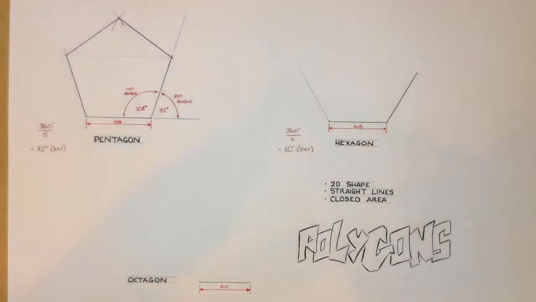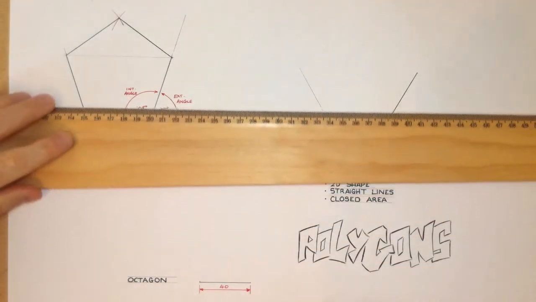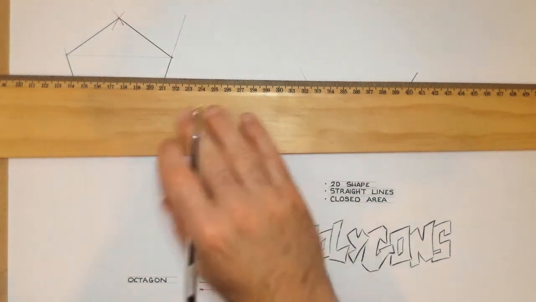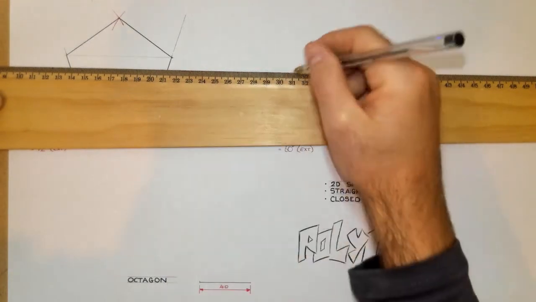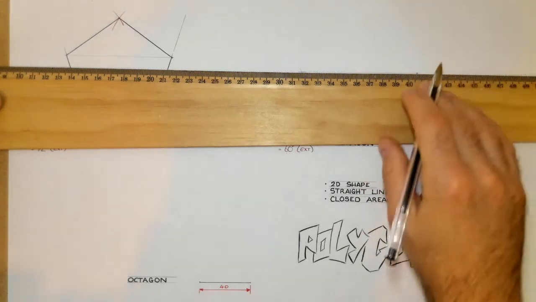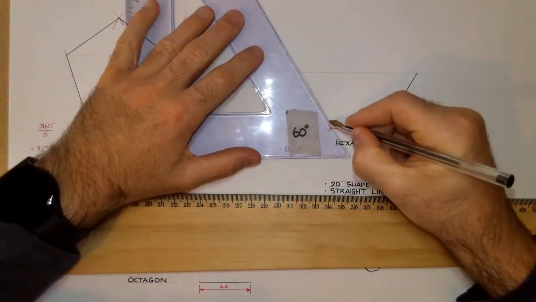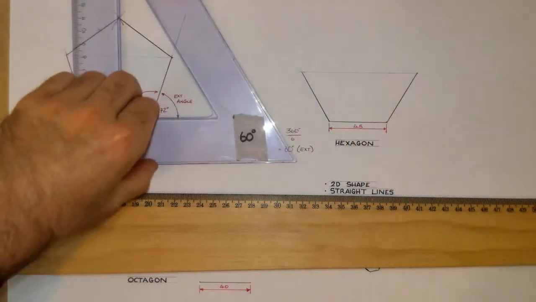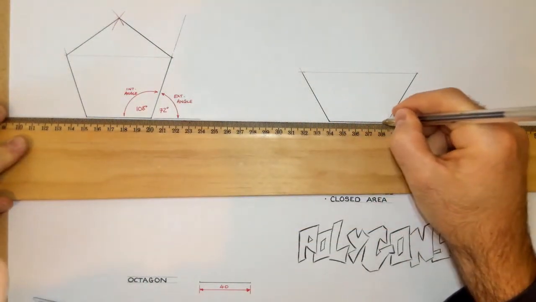Having measured it on this side, rather than going through the process of measuring it again, I can literally just slide this along, line it up with that side. There we have it. That is the opposite side done. That's 3 sides completed now on our hexagon.